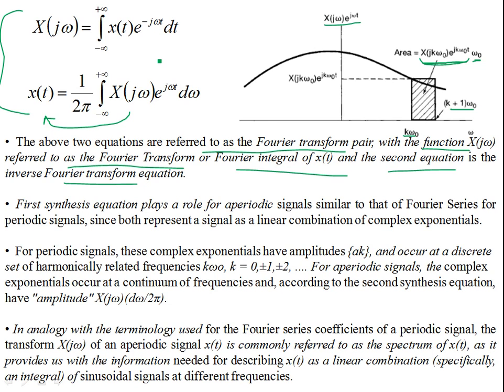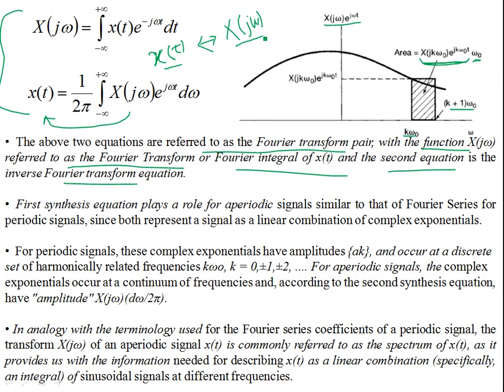There has to be a one-to-one correspondence between X(j omega) and x(t). So for example, if the Fourier transform exists for signal x(t), denoted by X(j omega), then uniquely its inverse has to give you the original signal x(t). It doesn't matter which way you go, there has to be a one-to-one mapping between these two quantities.